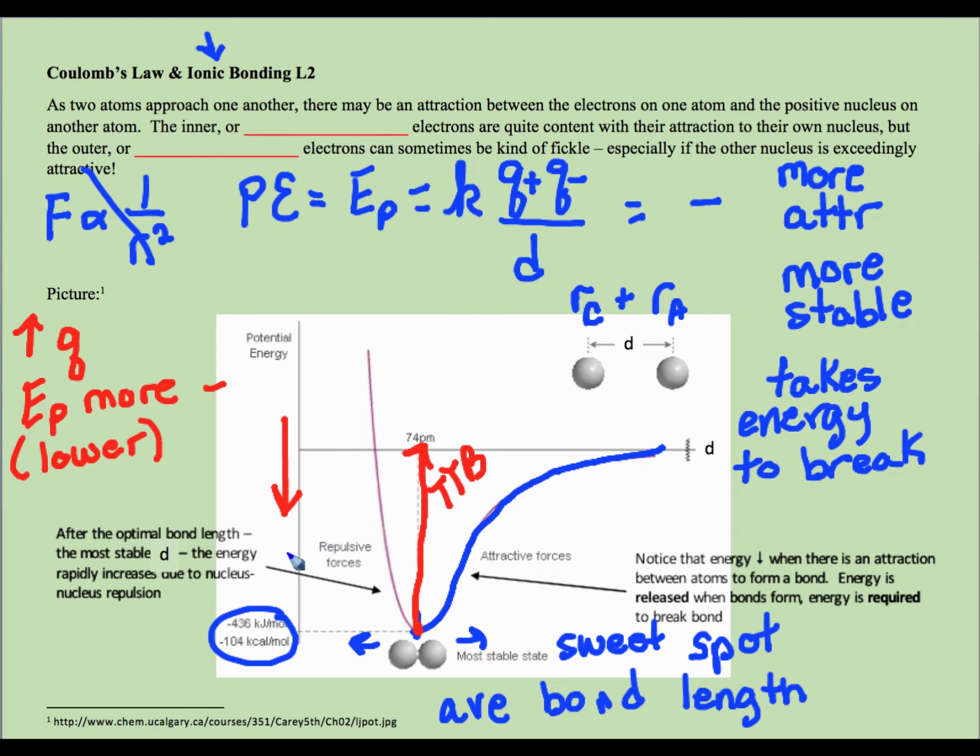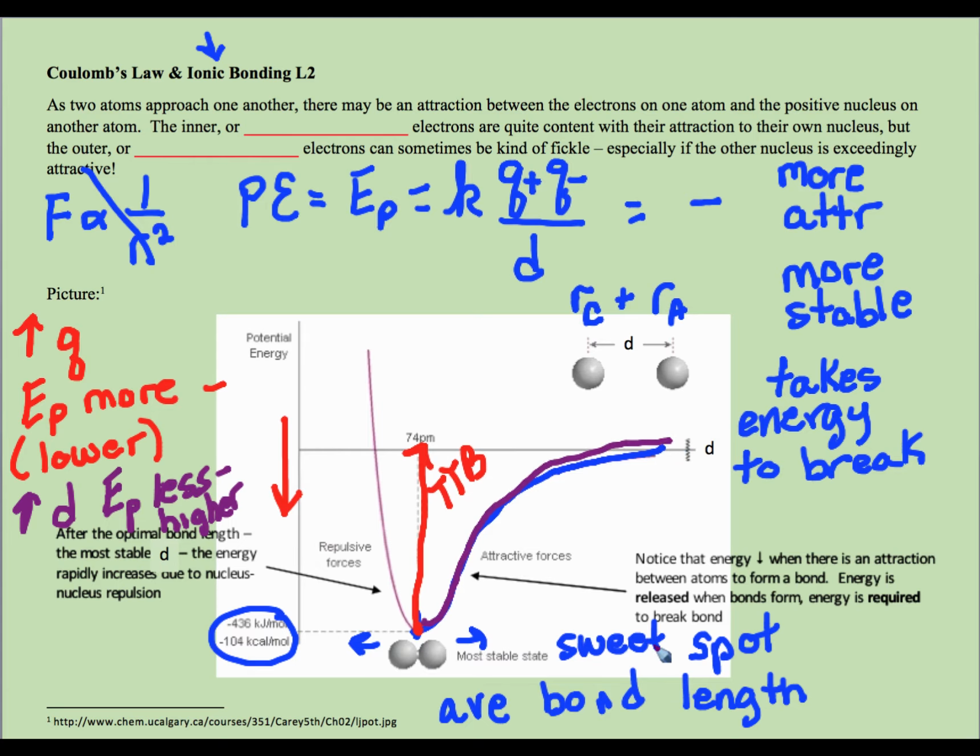You can talk about absolute value as a magnitude, but make sure your language is really, really clear on that. Now, if we increase the distance between them, we're going to make the potential energy less negative, or you could say higher. As distance increases, they become less and less attracted to one another.